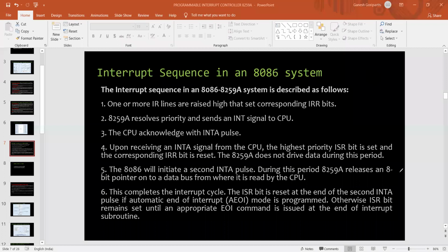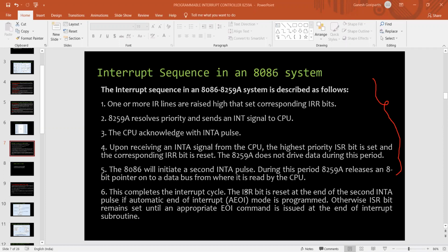This is the step-by-step procedure that takes place when we interface 8259 with 8086 for processing the interrupt requests of different peripheral devices.